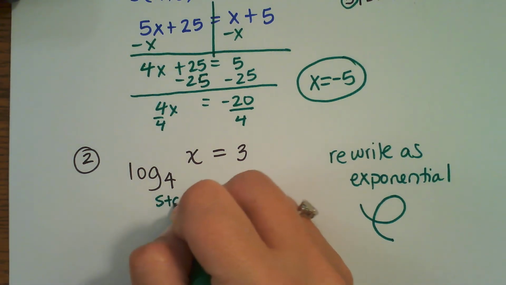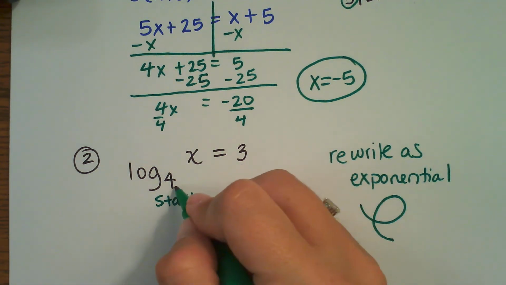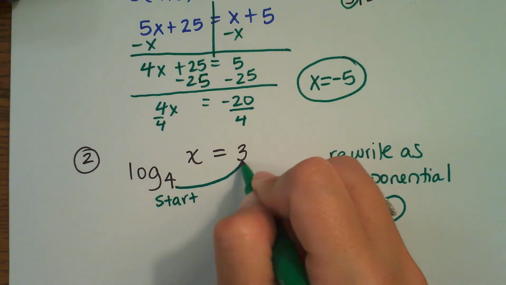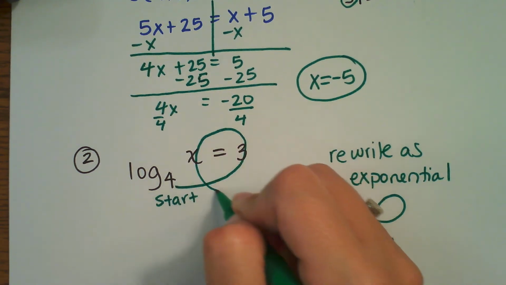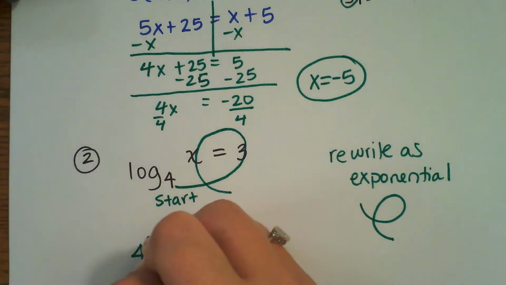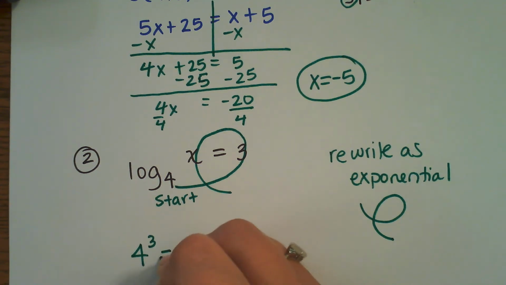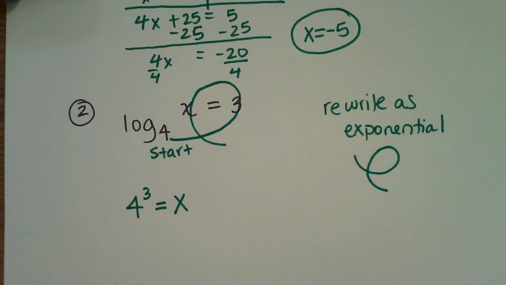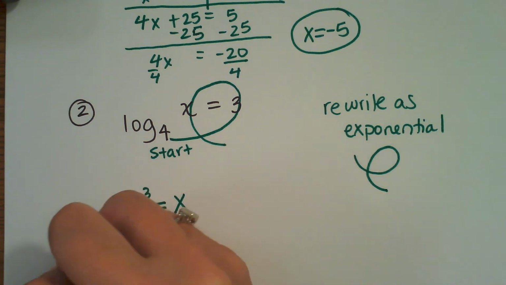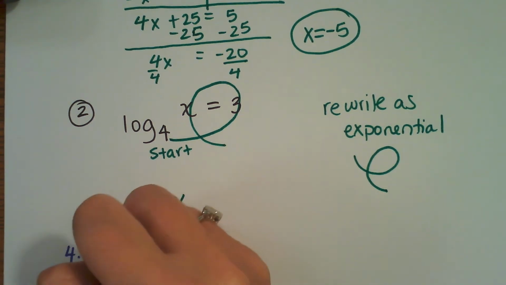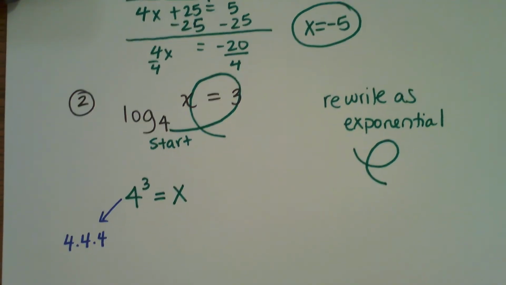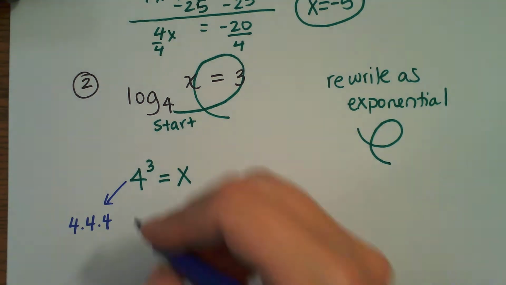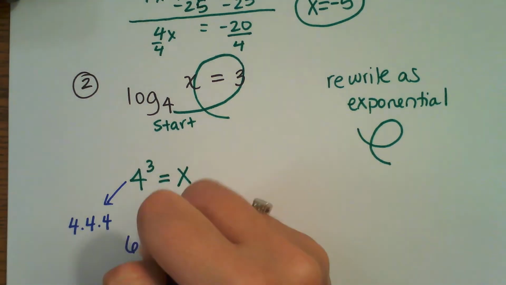We started here at the base. 4 to the third equals x. So to finish solving, all you needed to do is figure out what 4 times 4 times 4 is. And it happens to be 64.